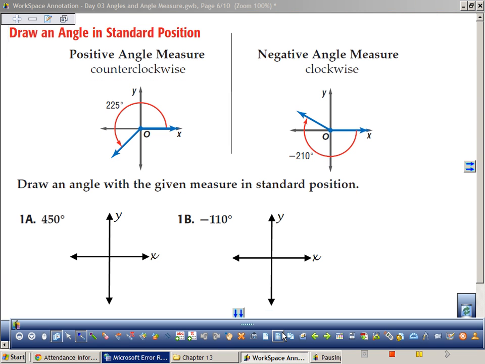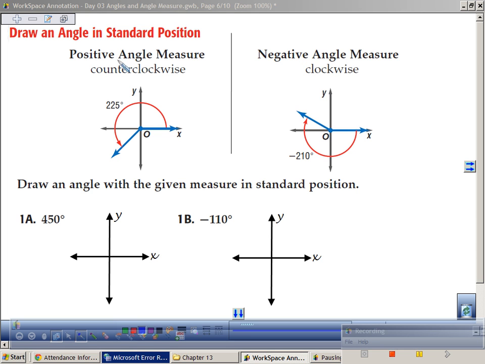It's kind of like something you just have to start working with. Did we? Yeah, we did a little bit. Yeah, we did, exactly. So, positive angle measure, counterclockwise. So we normally go in a counterclockwise direction. So this is an example of an angle that's 225 degrees.